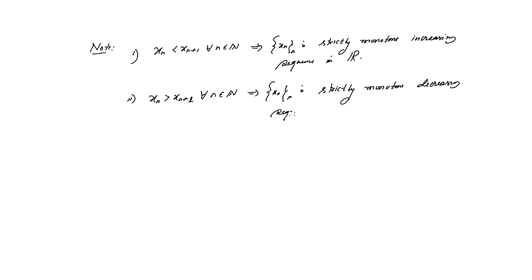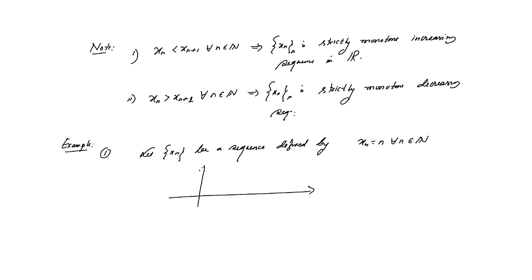Now we need an example of a monotone sequence. Example 1. Let xn be a sequence defined by xn equals n for all n belongs to natural number.